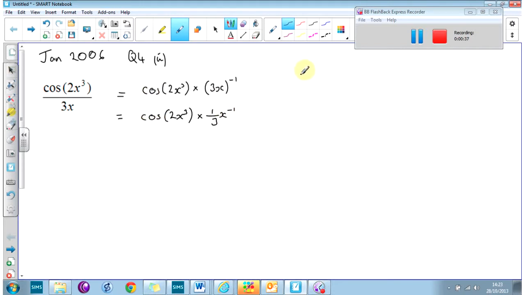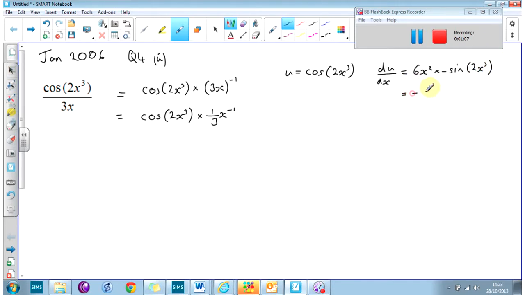And now I've got a product, so I've got my u and v. So let's start with the u. U is going to be the cos of 2x cubed, which makes du by dx equal to... So first of all I differentiate what's in there, so I get 6x squared, and then I multiply that by the differential of cos, which is minus sine 2x to the power of 3.